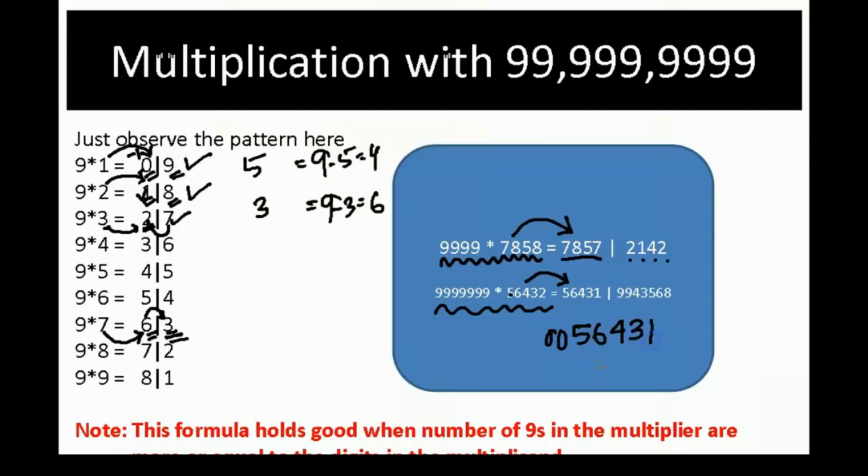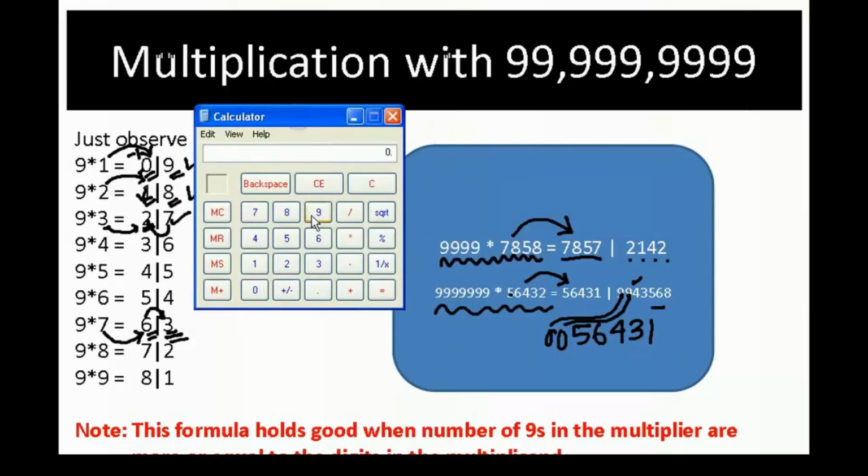So I need to put 2 zeros here, writing it as 0056431, just to make it equivalent. So that when I subtract it from 9, the 9 minus 0 is 9 again, 9 minus 0 is 9. After that, 9 minus 5 is 4, 9 minus 6 is 3, 9 minus 4 is 5, 9 minus 3 is 6, 9 minus 1 is 8. So this is completely a 9's complement. That's all, it is the answer.